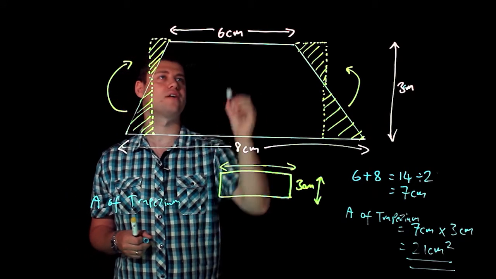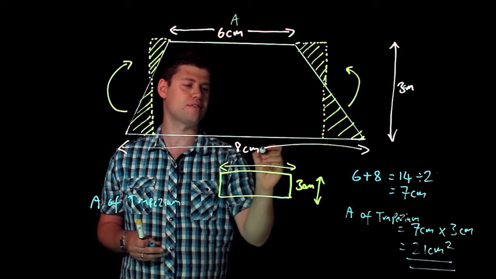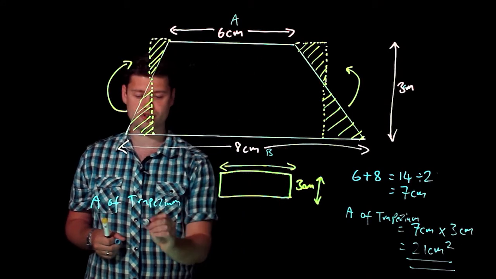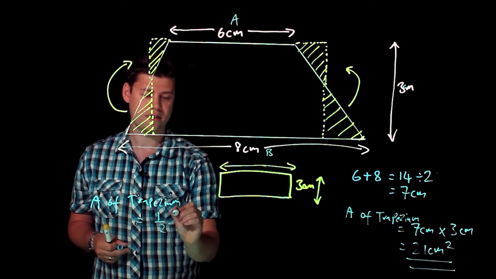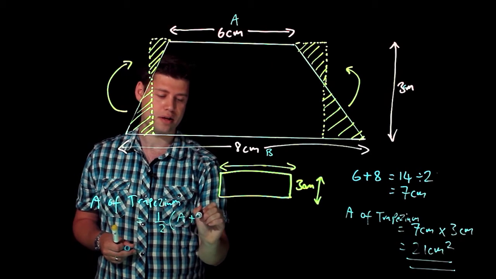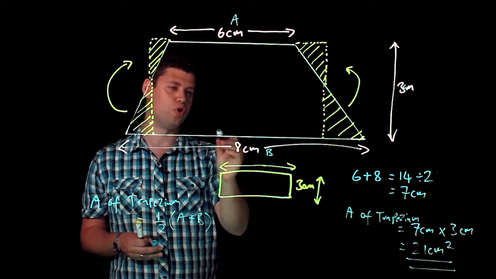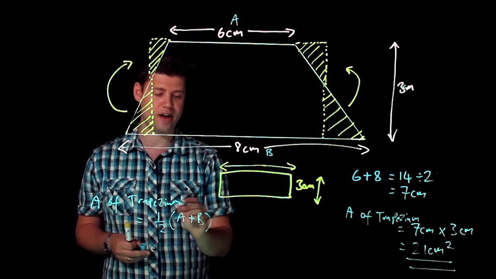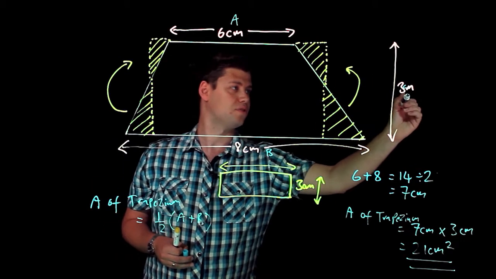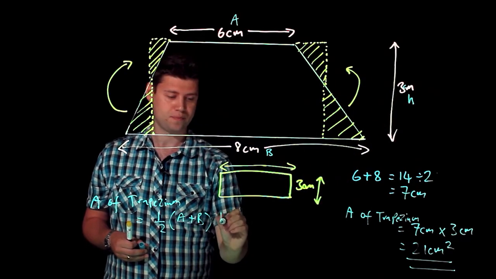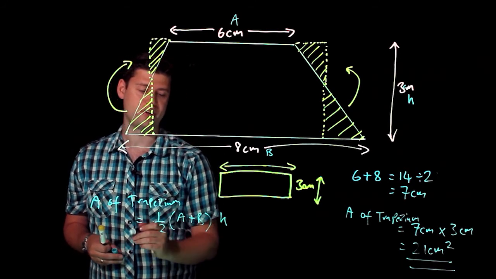Now I'm going to call this length up here A, and I'm going to call this length down here B. And the area of a trapezium is half A plus B, because remember we wanted to find the average of this length here, half A plus B times by the height, which I'm going to label H. Okay, and that is the formula for area of a trapezium.